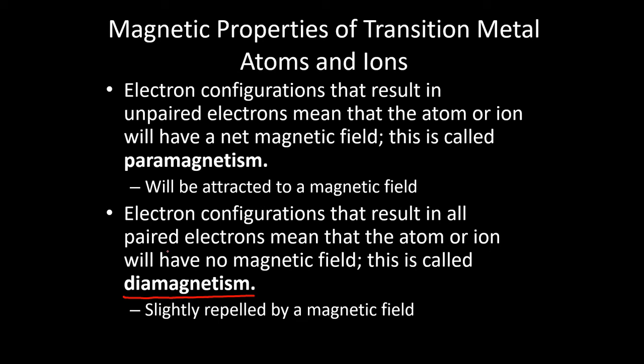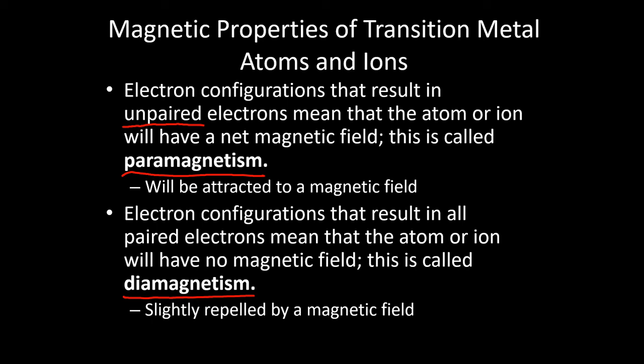If, on the other hand, we have any unpaired electrons, even just one, that will be a paramagnetic material, and it will be attracted to magnetic fields. So anything that is magnetic has unpaired electrons.